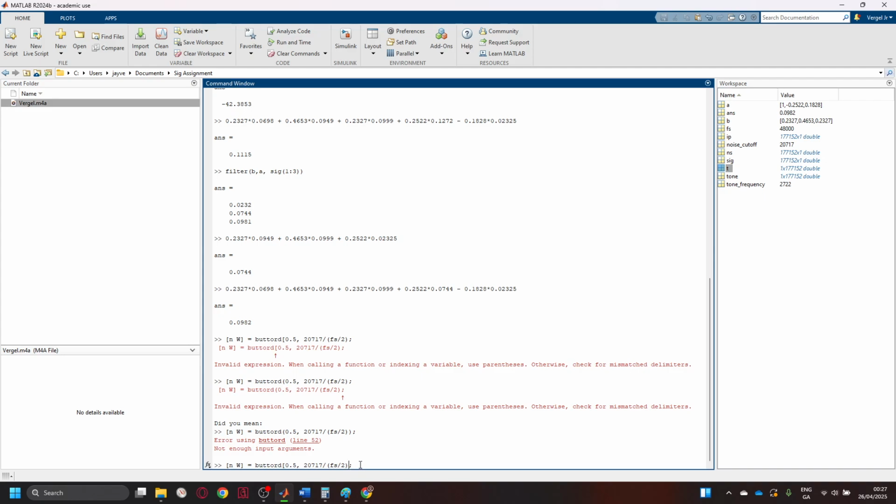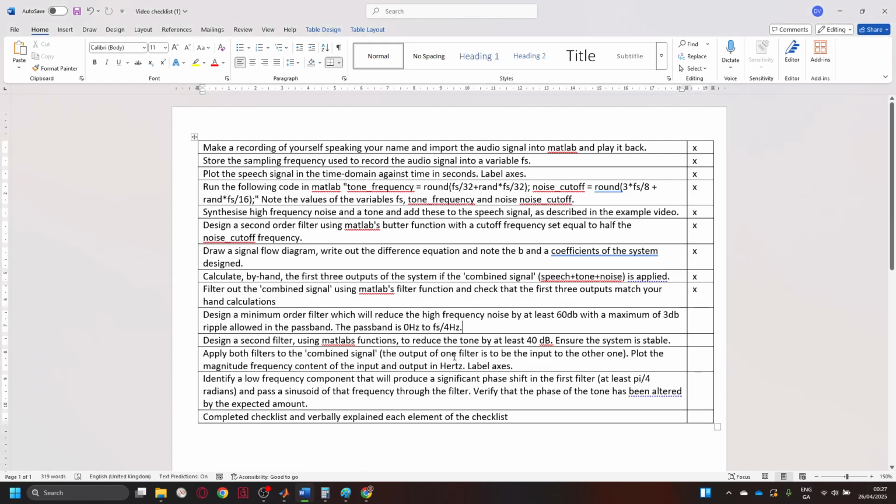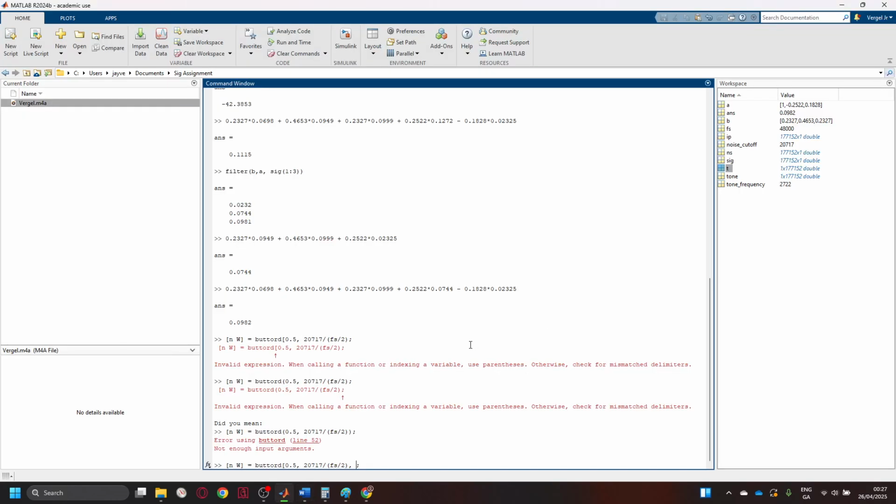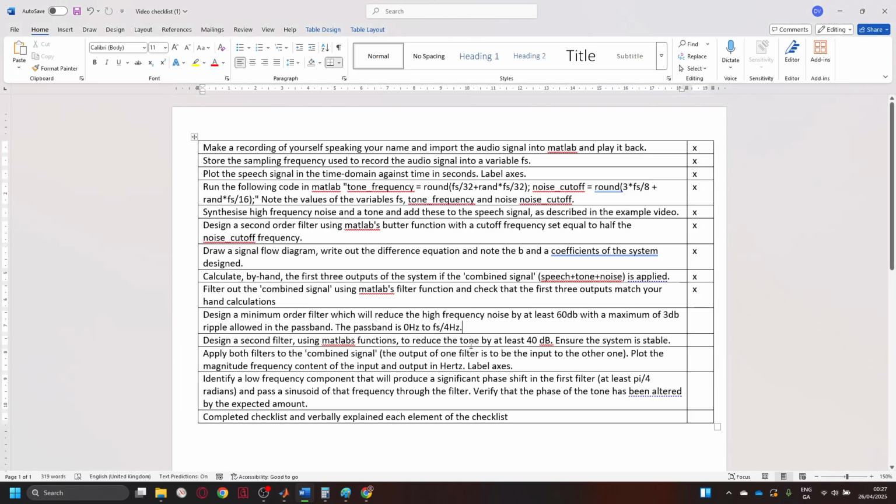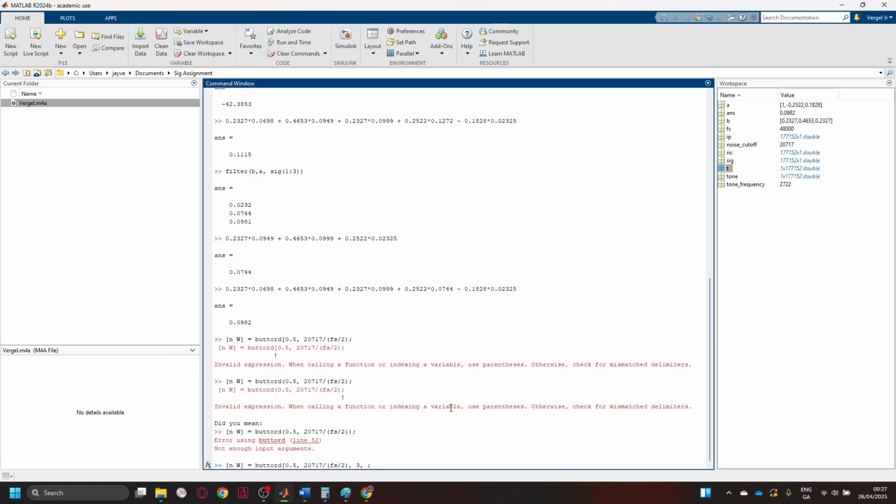So the parameters were 3 dB ripple and 60. So it's going to be 3 decibels of pass-band ripple and 60.